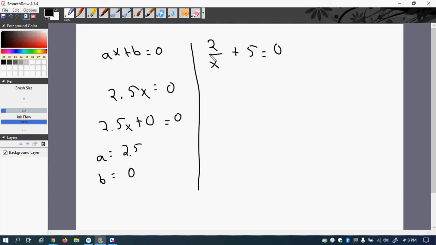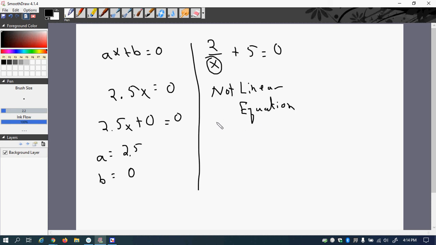Well, this one isn't, because of the x being in the denominator. Since it's in the denominator, it doesn't take on the linear form. If you were to graph this on your calculator, you would find it would not give you a straight line, which is what a linear equation is. So this one is a no. We cannot change that. It is not a linear equation.